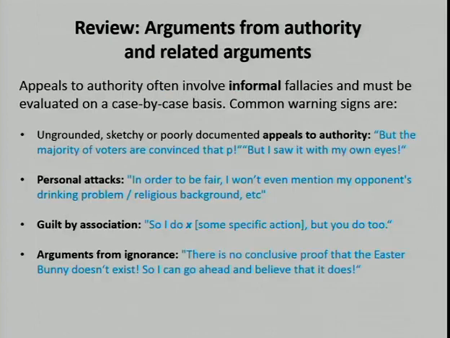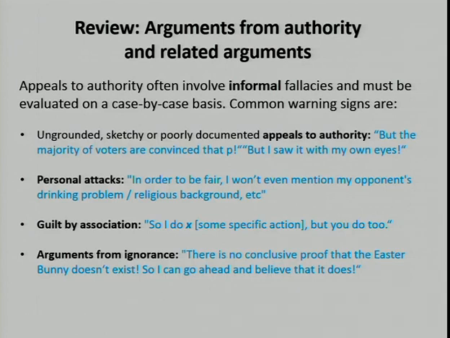So to continue with review, and if you have questions on that, we can always discuss them in the tutorials as well. I was saying that there are always two sides to the coin of appeals to authority. And really common ways in which they can lapse into informal fallacies are just these four.